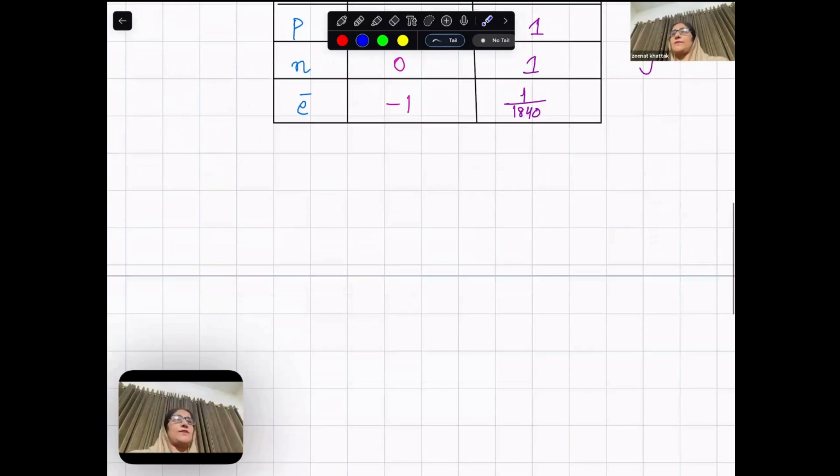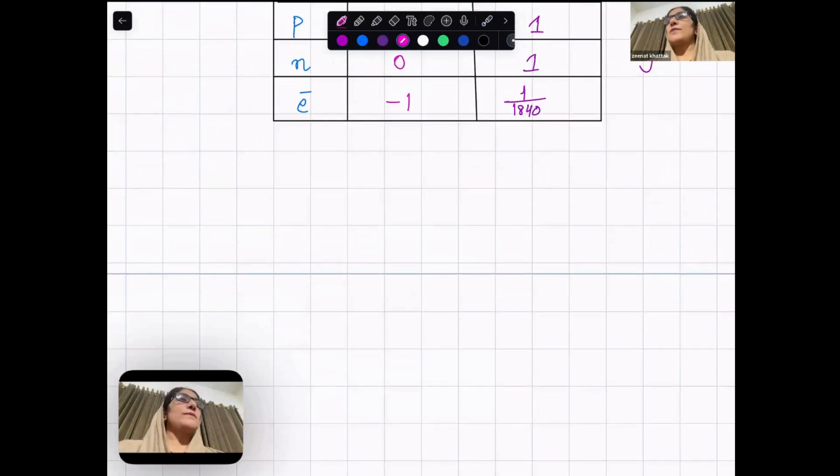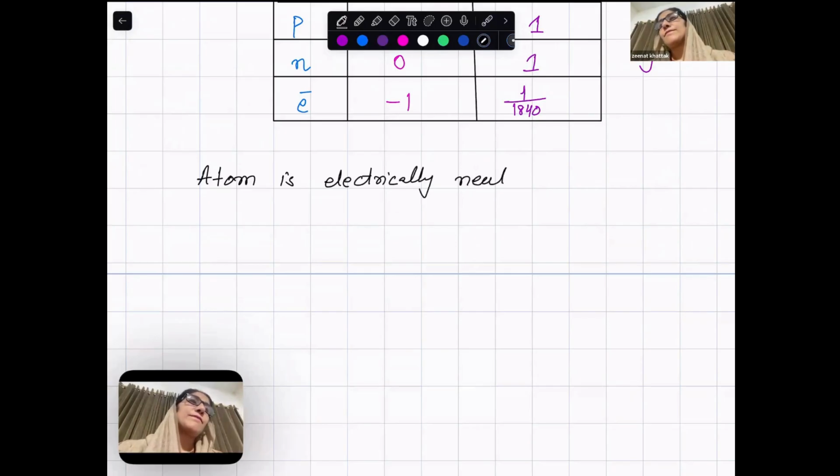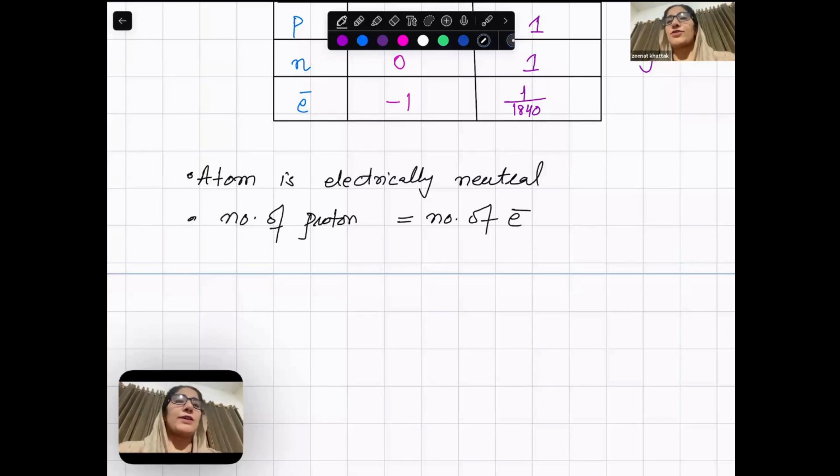Now, next. Our conclusion at this point is that an atom is electrically neutral. The number of protons is equal to the number of electrons.